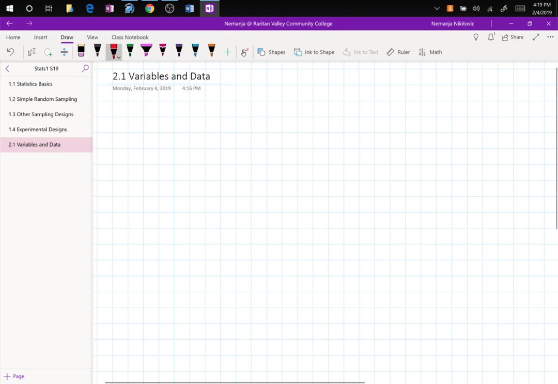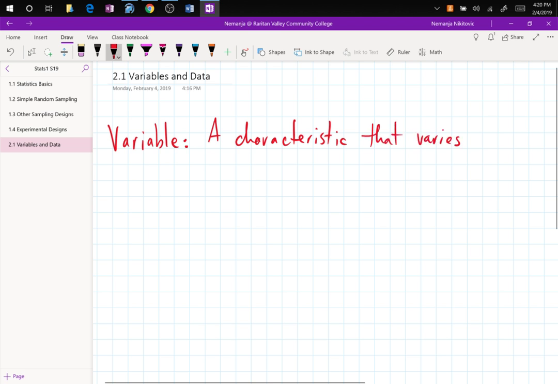So, variable: a characteristic that varies from one person or thing to another.